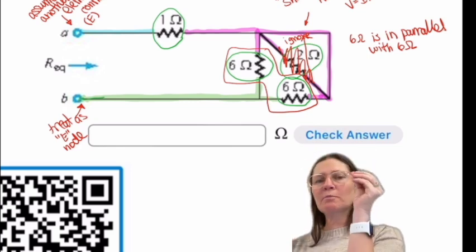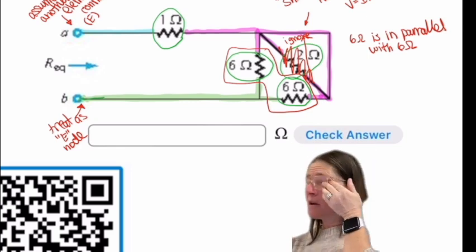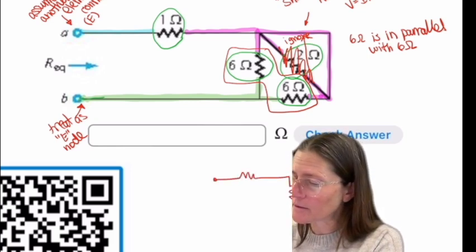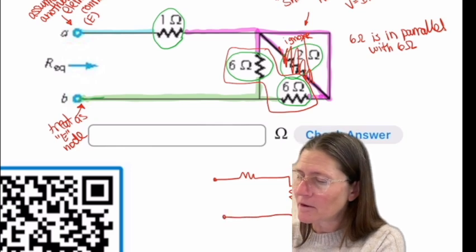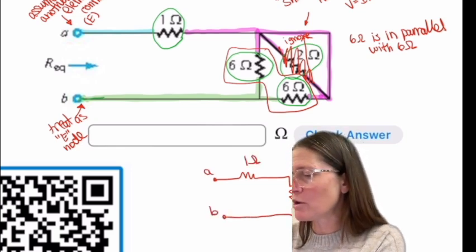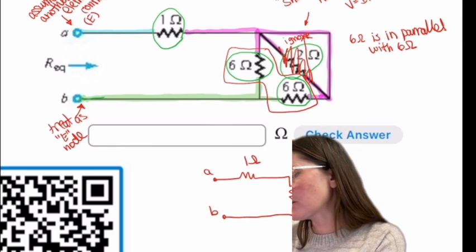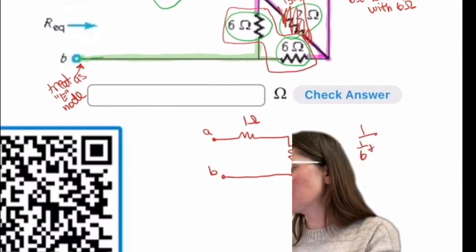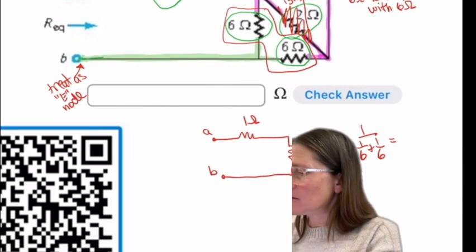So when you become parallel, you can redraw the circuit to look like this. So the A to B, 1 ohm, and then 6 in parallel with 6 becomes 1 over 6 plus 1 over 6. So 1 over 2 over 6, which becomes 3 ohms.